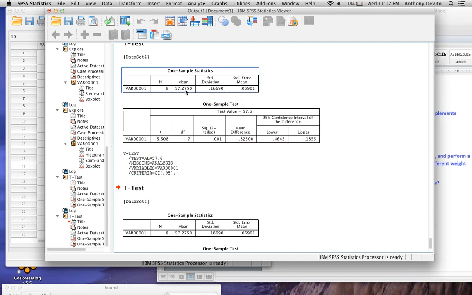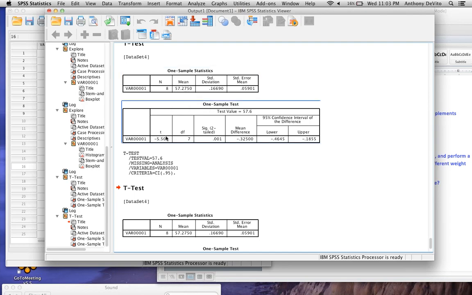First of all, the mean is 57.27. We know that already. Standard deviation, our standard error, we calculated that before. This time it's telling us the degrees of freedom is 7, right? And it's telling us that the difference between the mean that we found, the point estimate, and that 57.6 is 5.5 standard errors. 0.6 times roughly 6 is going to be the difference between 57.25 and 57.6.